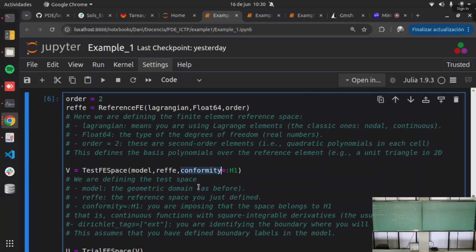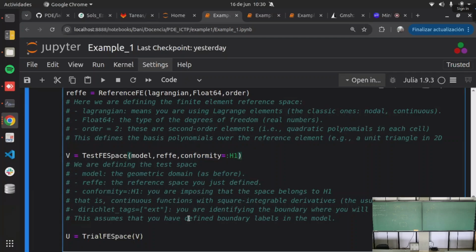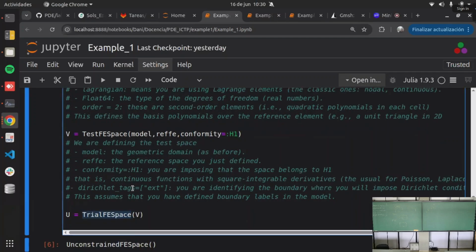So in this case, we are imposing H1, that is continuous functions with square integral derivatives. And we also could define if we have Dirichlet tags. In this case, we have a Robin condition and Neumann condition that it isn't our case, so we won't do it now. And after that, we have to define our trial space. So in this case, it's like this.